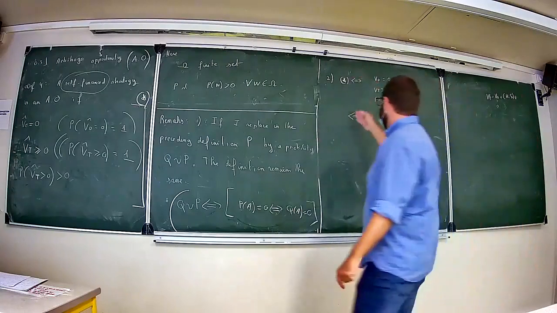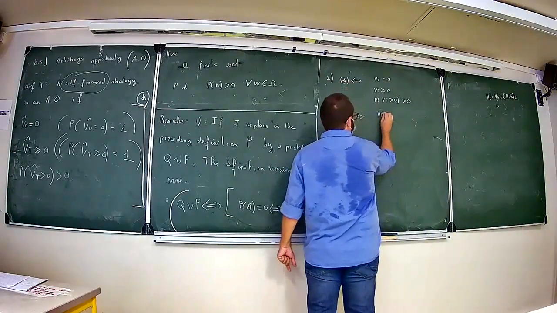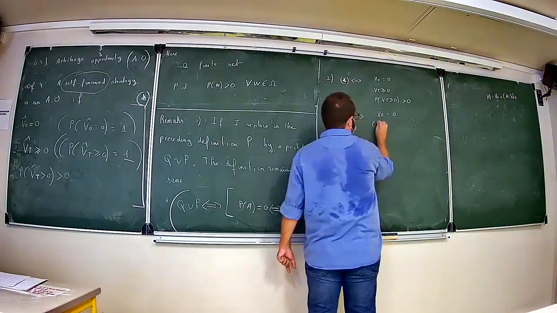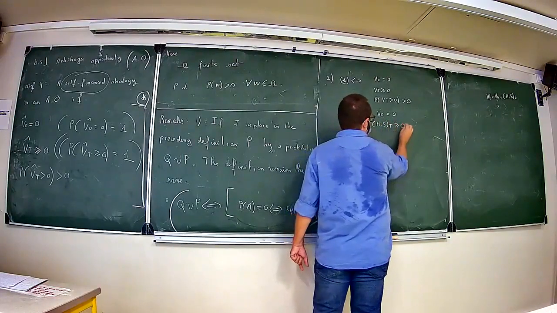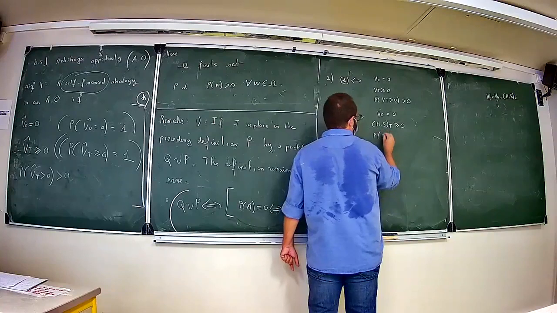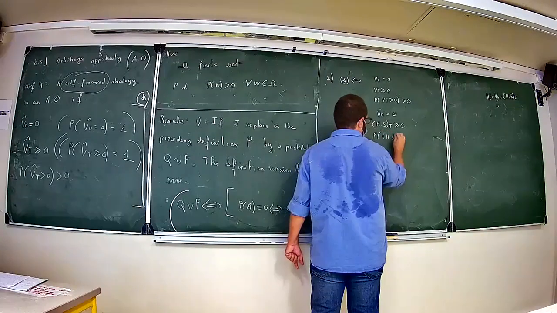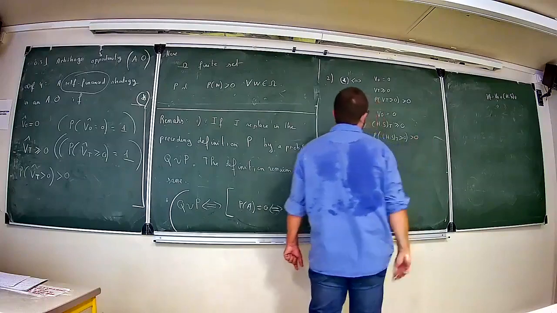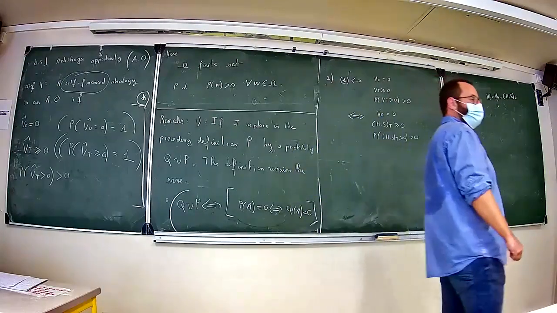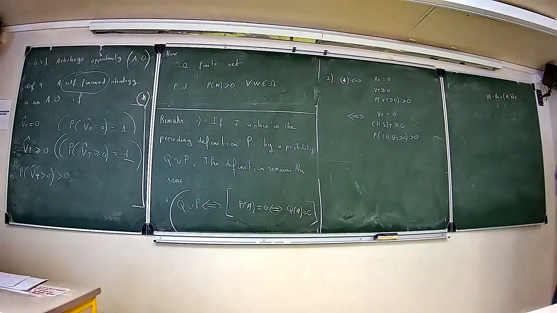It just means that here I can replace this by this one. It's just playing with the notations I have previously introduced. So I said nothing, I just used the previously introduced notation.